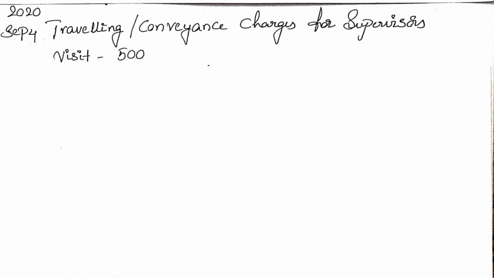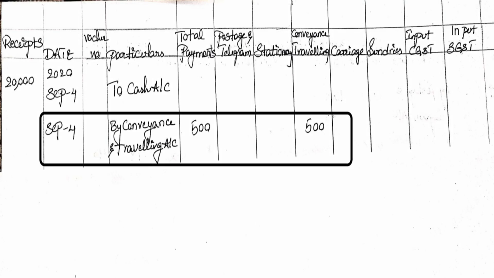Our next transaction is on September 4th, traveling or conveyance charges for supervisor's visit, 500. So we have paid traveling charges for supervisor's visit. For this transaction we will write "by conveyance and travelings account" in the particulars column because it's a payment, so we are using "by" before the account name, and mention the transaction date in the date column, that is September 4th, and the total amount paid for travelling expenses is 500.